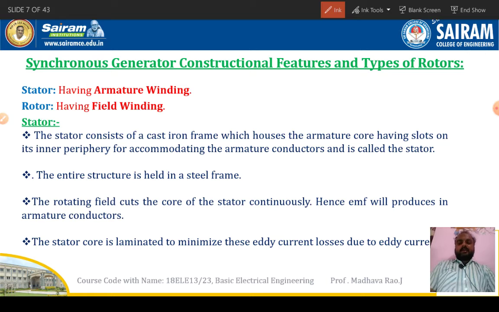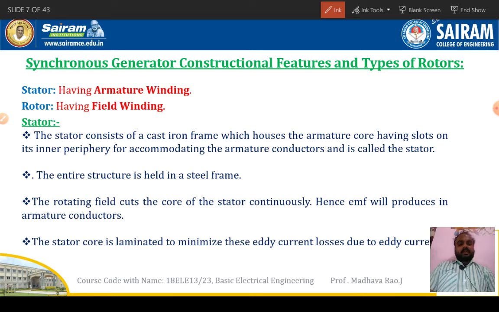Next, the rotating field cuts the core of the stator continuously, hence EMF is produced in the armature conductors. Once the rotor rotates continuously, the magnetic flux is cut by the armature conductors or armature winding.